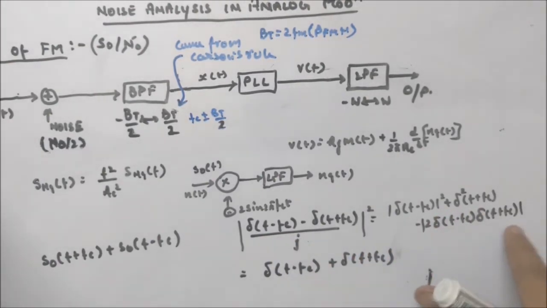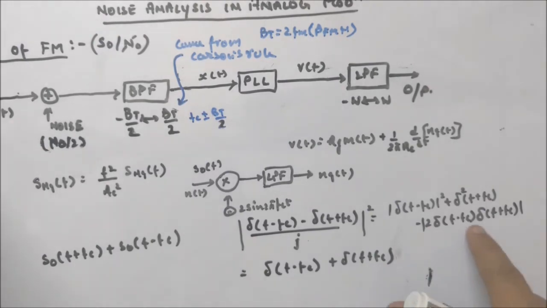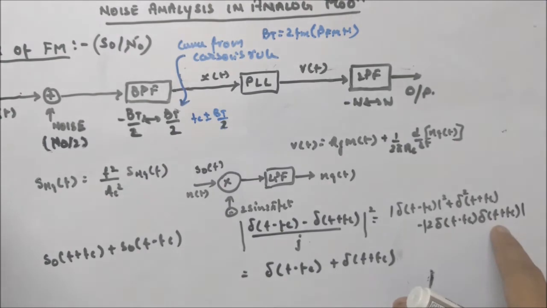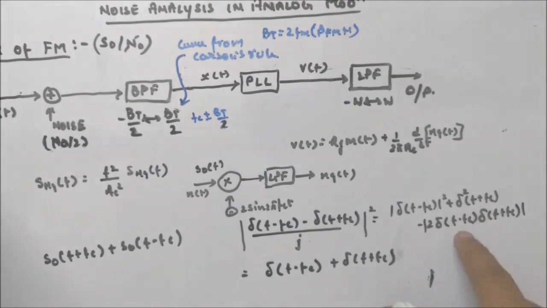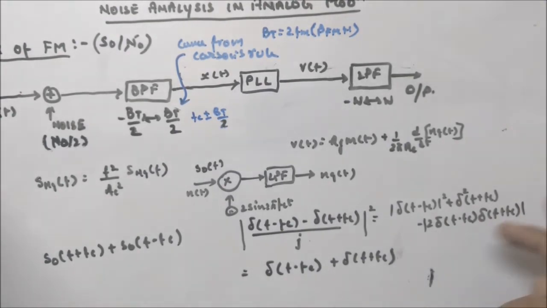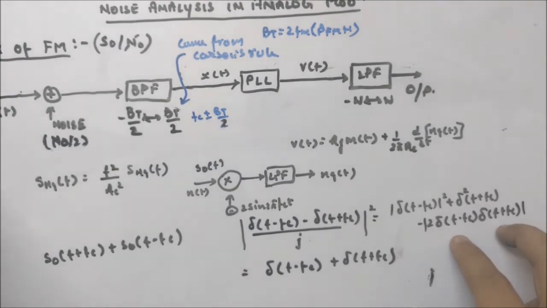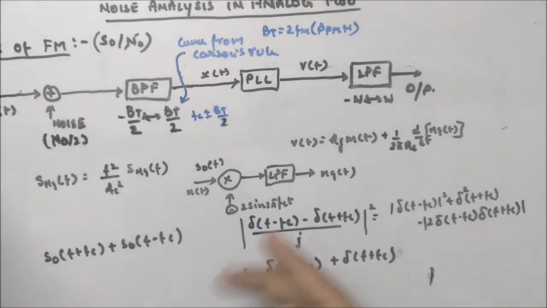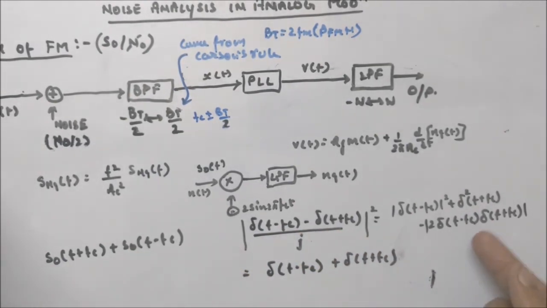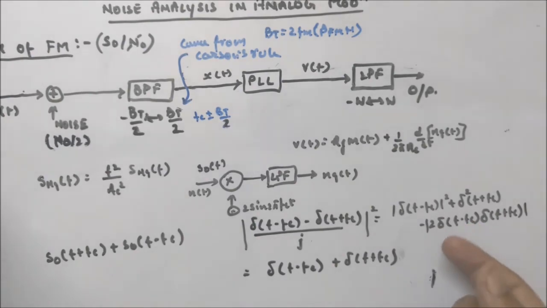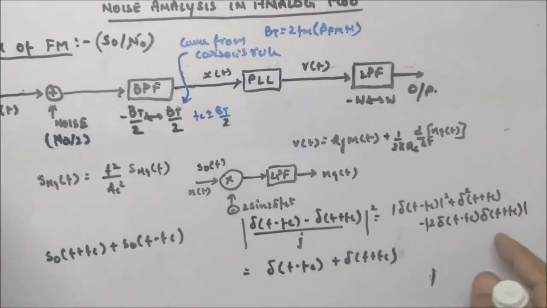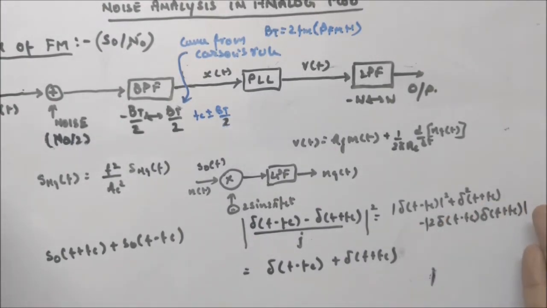Now if you look at this term, it has delta(f minus fc) and delta(f plus fc). These two terms will always be either 1 or 0. One will be 1 and the other will be 0, or both will be 0. They will only both be 1 when fc is 0. And we can't keep fc as 0 because it's a carrier frequency, it's very high, and if we keep fc equal to 0, then there is no point, we would be killing the carrier and hence killing the transmission.